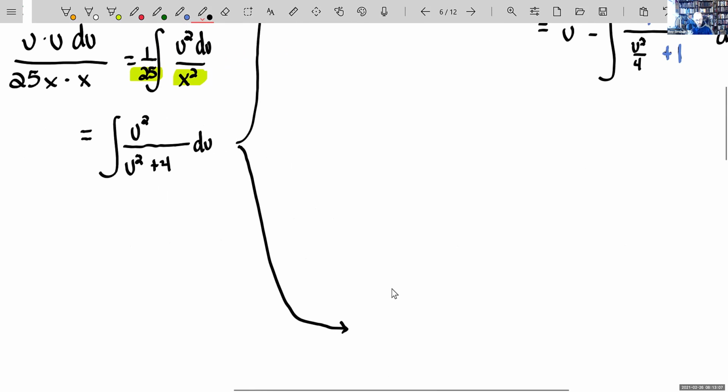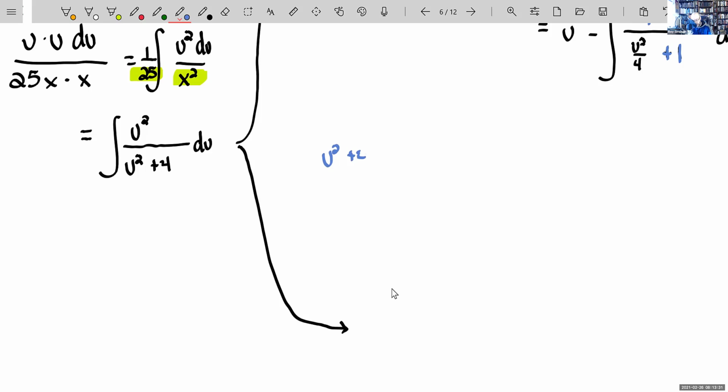You could say, okay, well, since I know that I'm going to integrate u squared over u squared plus 4, that is actually what we would call an improper fraction. We would like the power of the numerator here to be less than the power of the denominator in the long run. So you do that by performing long division.